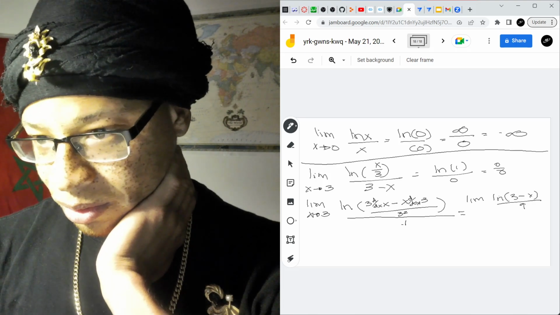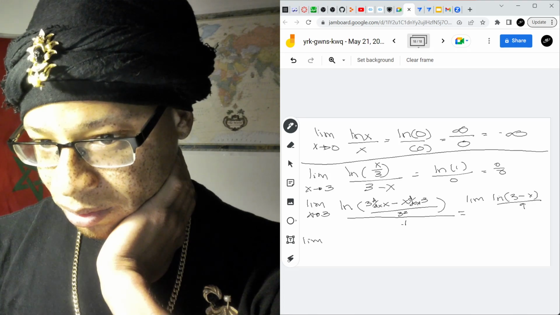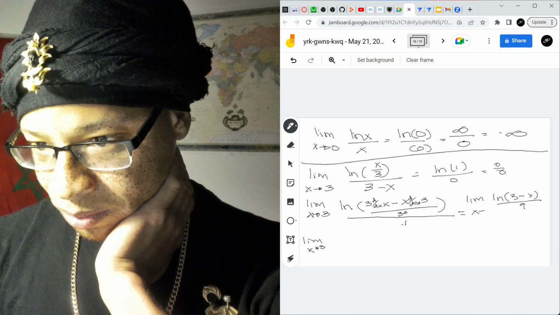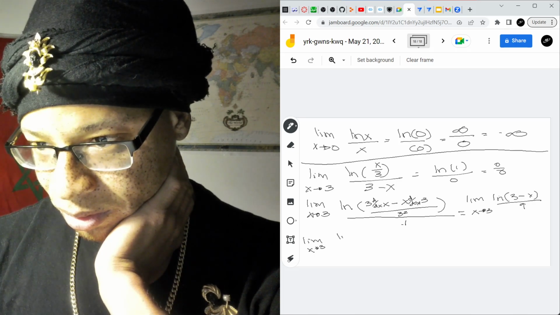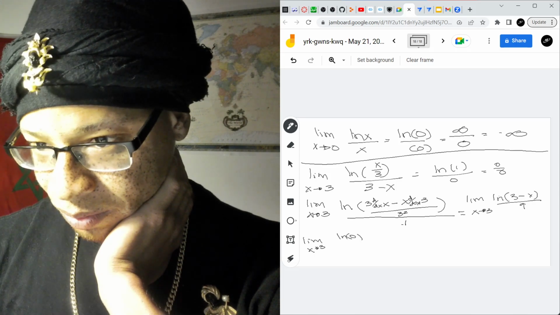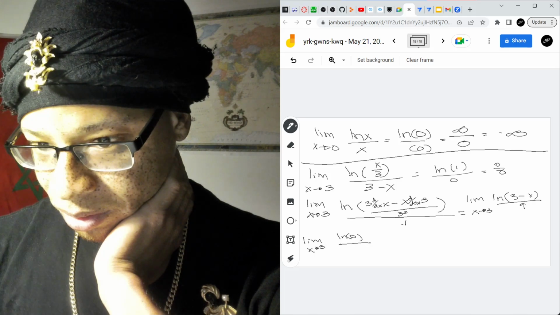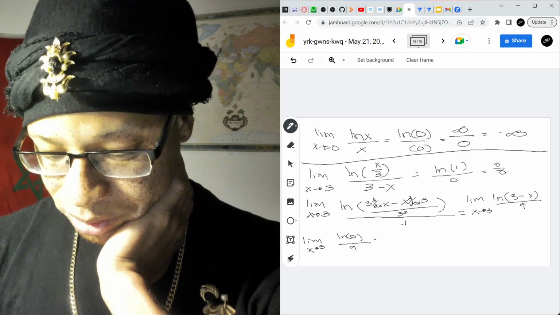And you'll throw in the 3 right here. So the limit as x approaches 3 is ln of 0, divided by 9. Right?